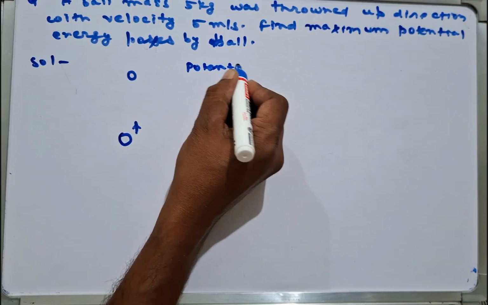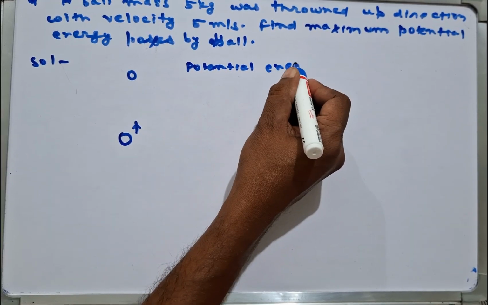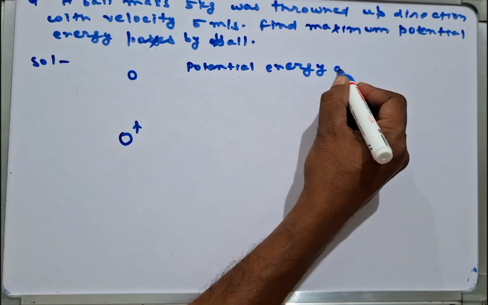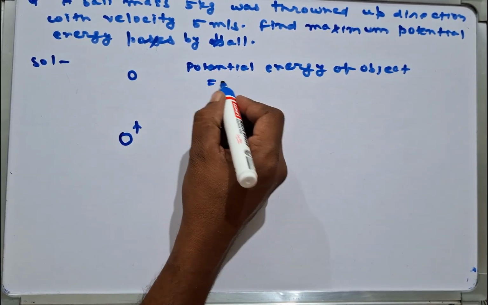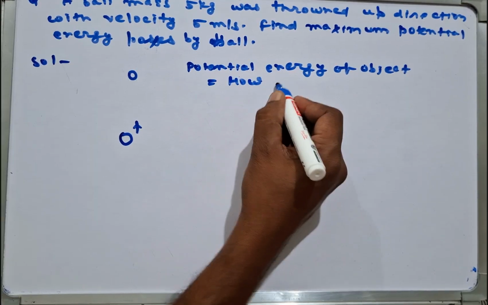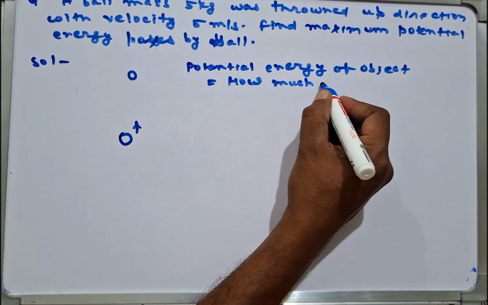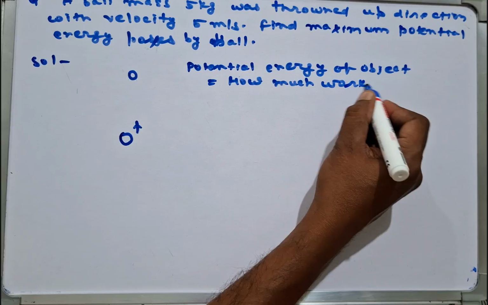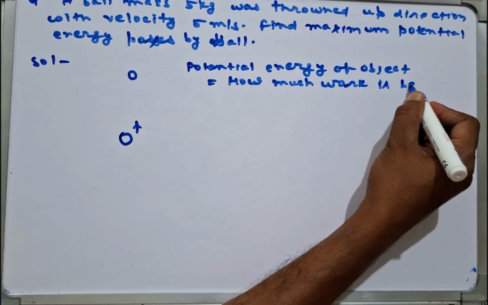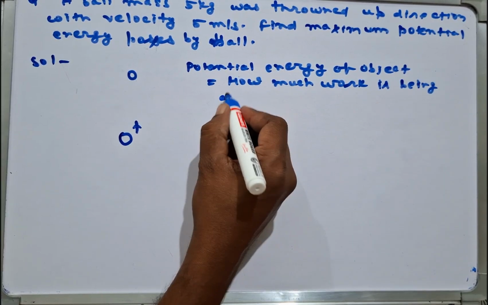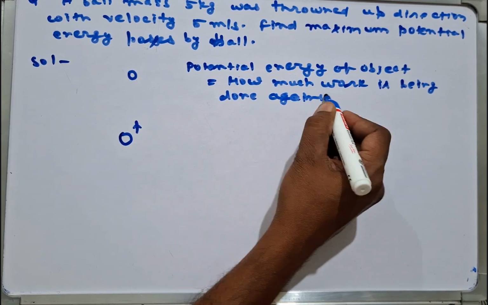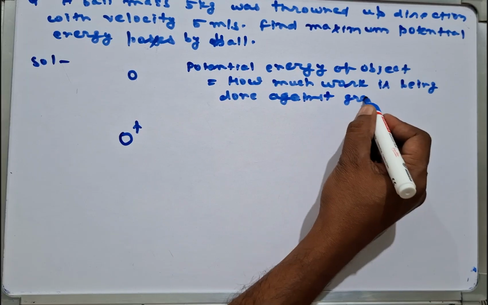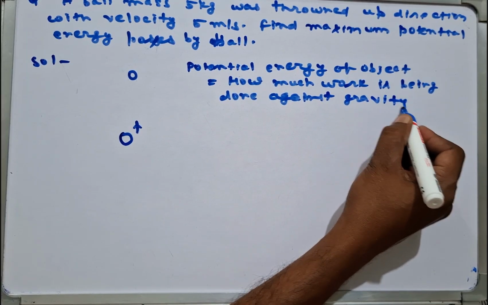How much work is being done against gravity is equivalent to the potential energy of the object. So the potential energy of the object equals how much work is being done against gravity.